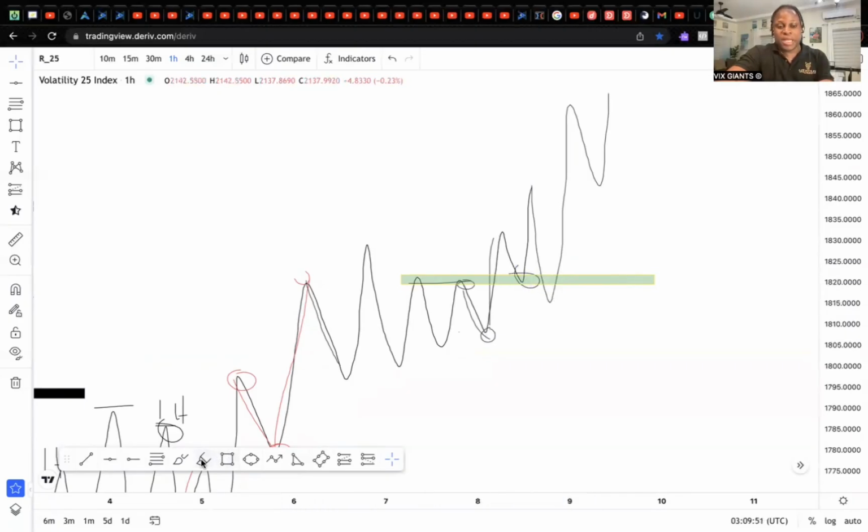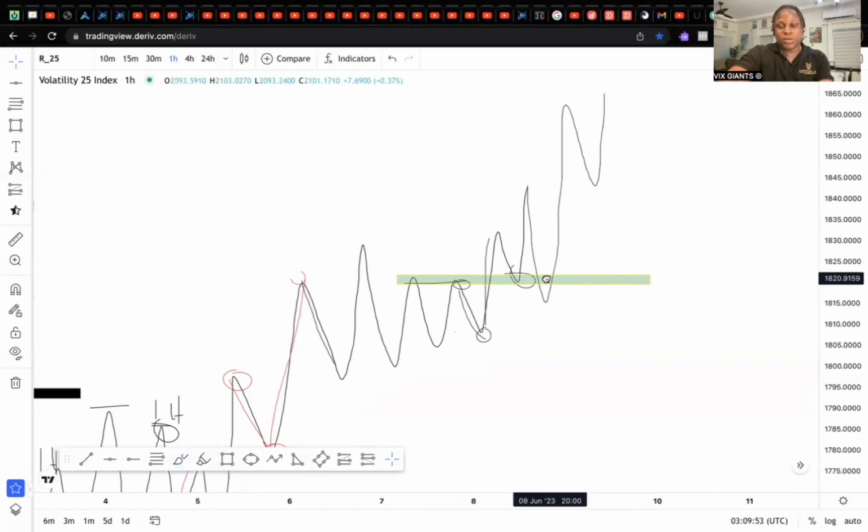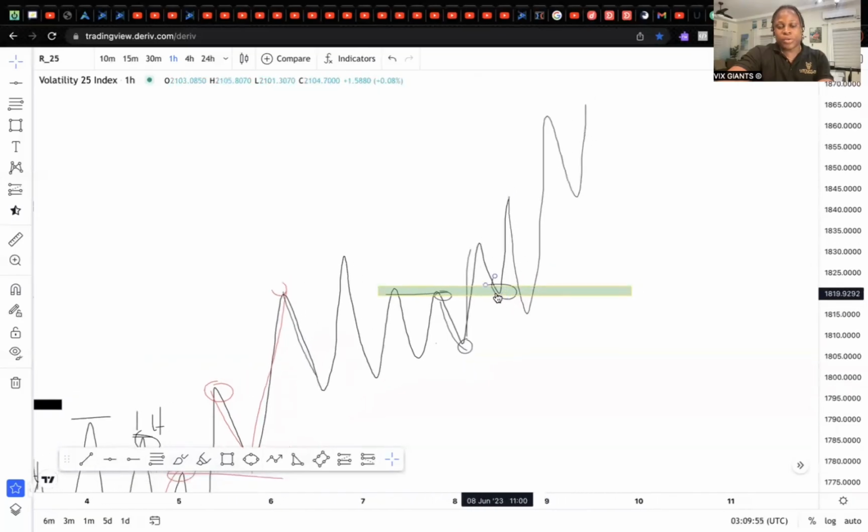But it didn't maintain below. So it just dipped below, creating what would look like, instead of a higher low, a lower low in a sense, right? But instead we push up.